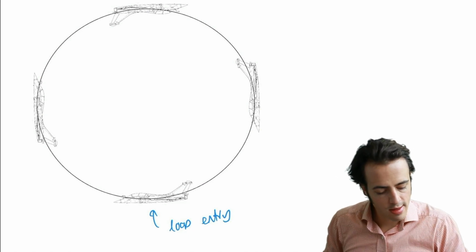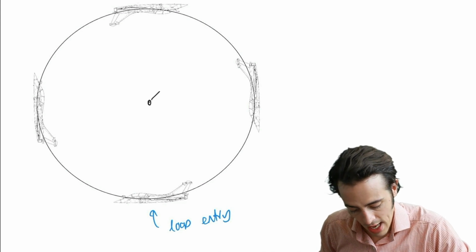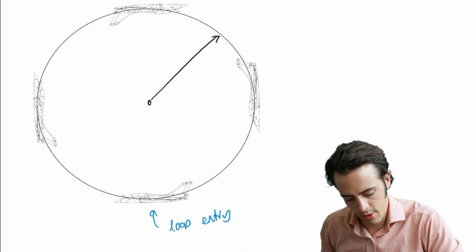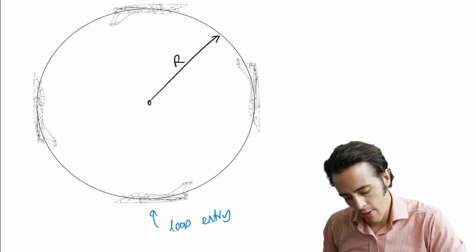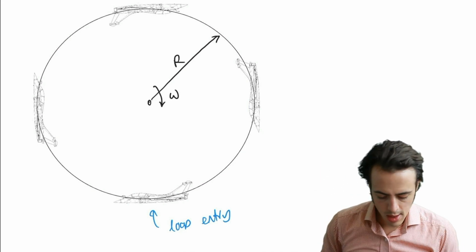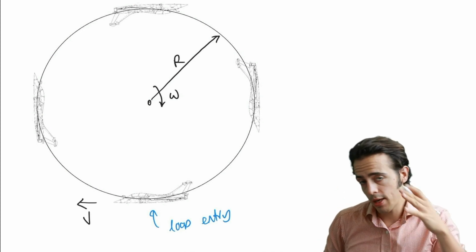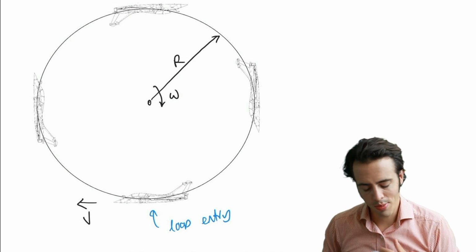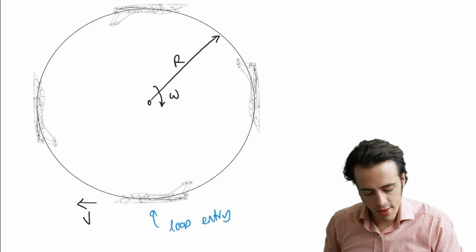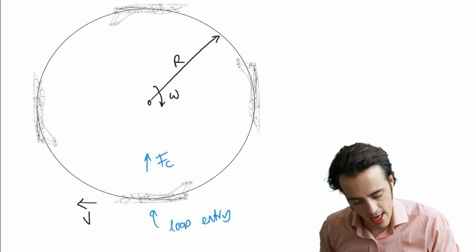So for flight in a circle, and you guys should be comfortable with this from basic dynamics, our circle has some radius which we'll call r, and there's also an associated angular velocity which has the symbol omega. And our aircraft has a speed which is v. This speed is going to be constant in a constant radius loop. So in order to maintain this circular path, the aircraft needs to have a centripetal force, which we'll call Fc.